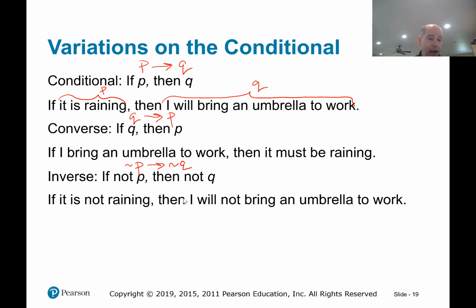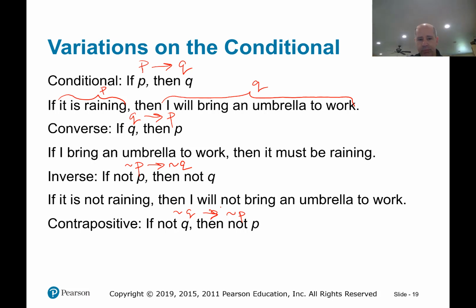And then the final one is called the contrapositive. And this basically does the converse and the inverse all in one step. So we're going to flip the arrow and negate both sides. So we get not Q implies not P. And that's the contrapositive, which means, what am I saying?